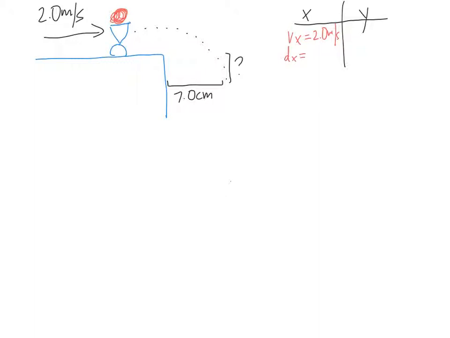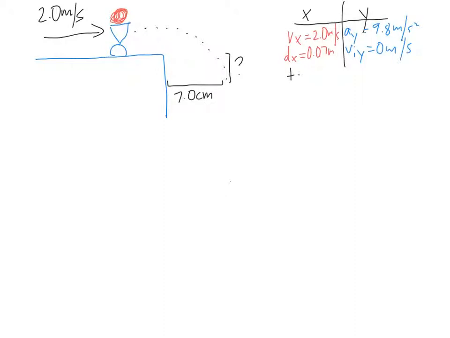As a note for our calculations, we have to put it in meters, so that is 0.07 meters. In our y direction, they didn't give us any pieces of information, so we only have our assumptions: acceleration of 9.8 meters per second squared, and v_iy is 0 meters per second. Before we can get anywhere, we need to find time.